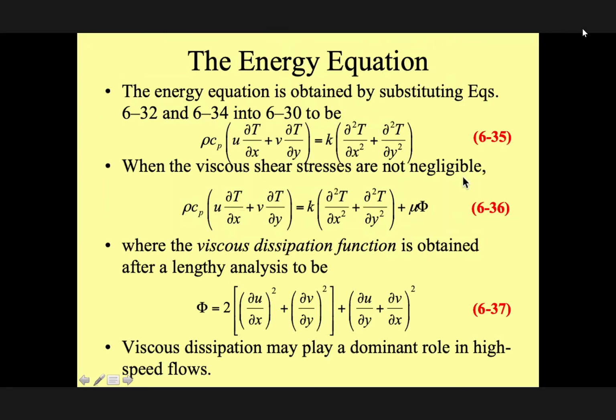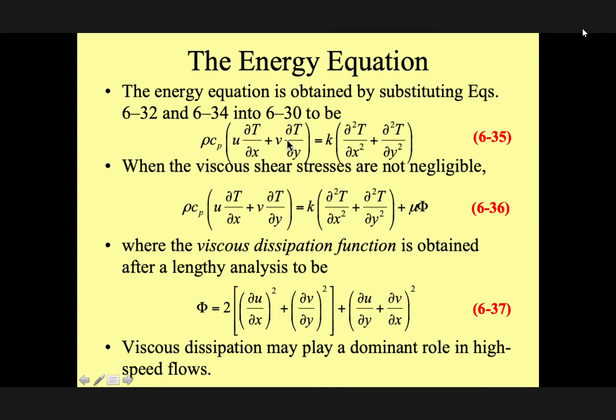Therefore, if we summarize all the equations that we have, we go one by one. If we assume we are dealing with a fluid where the viscous force is not contributing a lot, the equation is the one we had before.